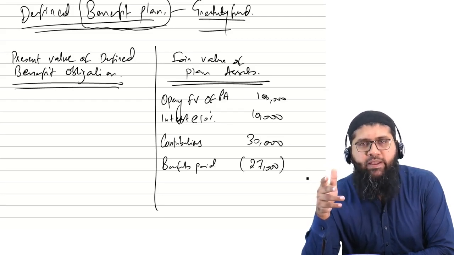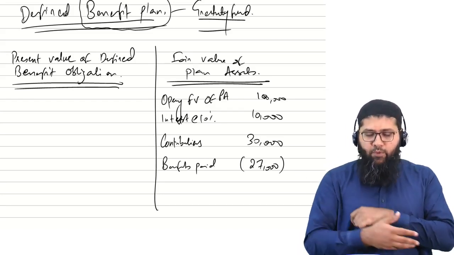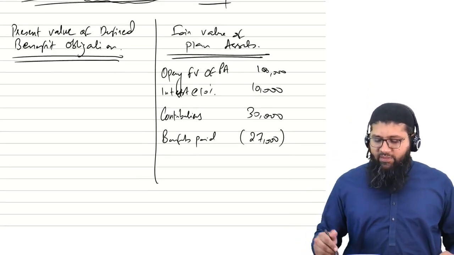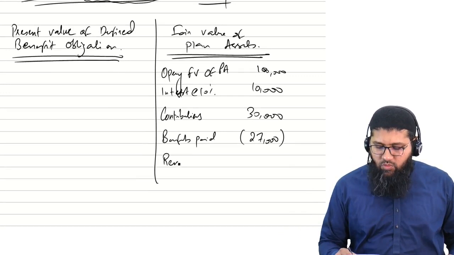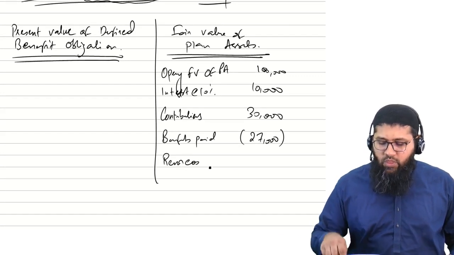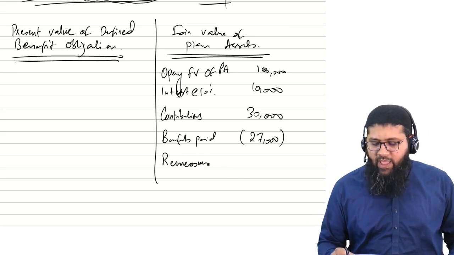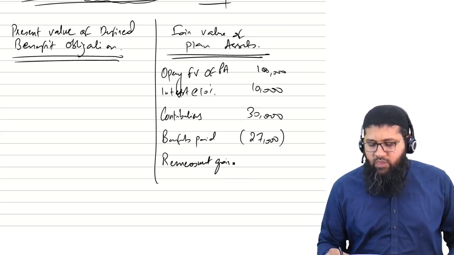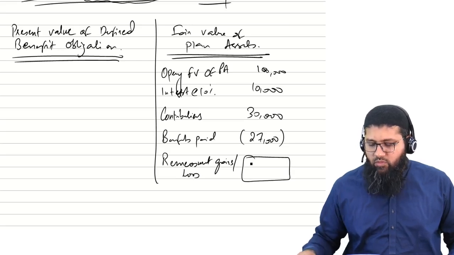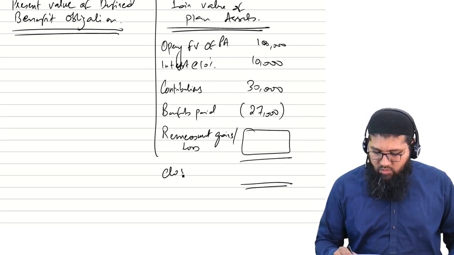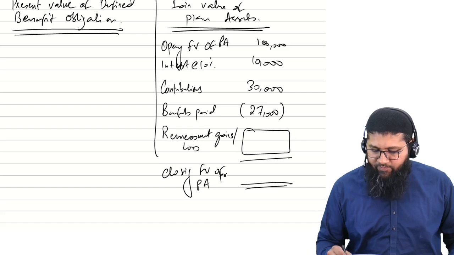The outgoing employees were paid 27,000. Resultingly, there is going to be a figure which is termed as remeasurement gains or loss, and then there is this closing fair value of plan assets.